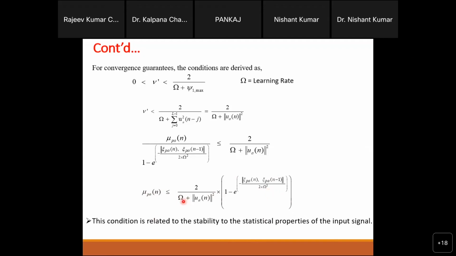And this is not a big issue, right? Selecting omega in such a way that it should be bigger than that is not a key issue. So we can choose that, and we will use it as the learning rate or for tuning. So this is the key parameter tuning of this algorithm.